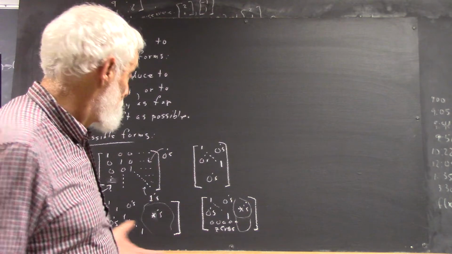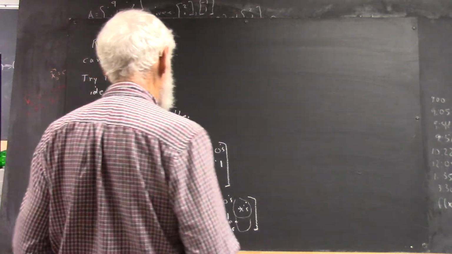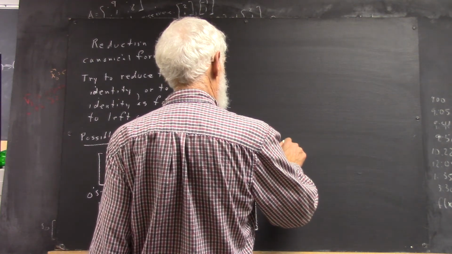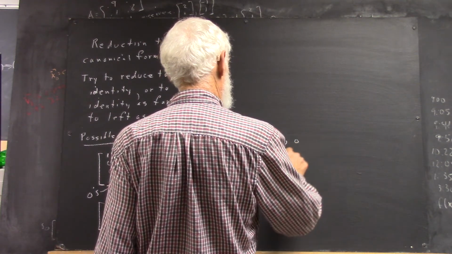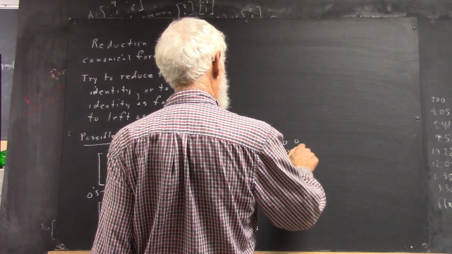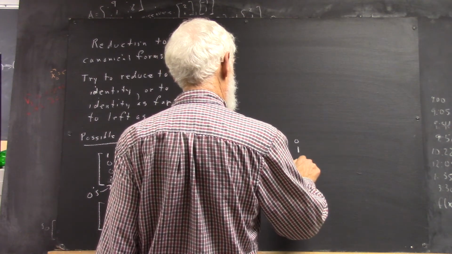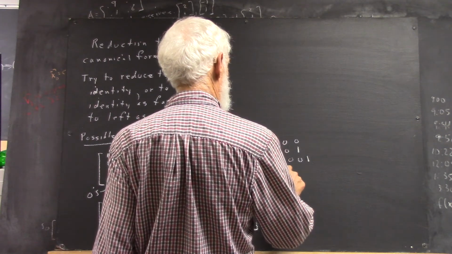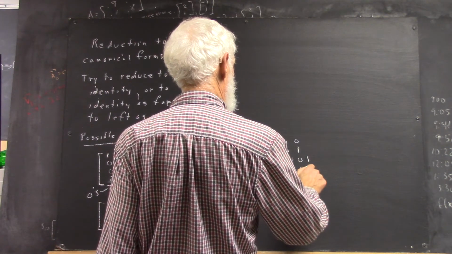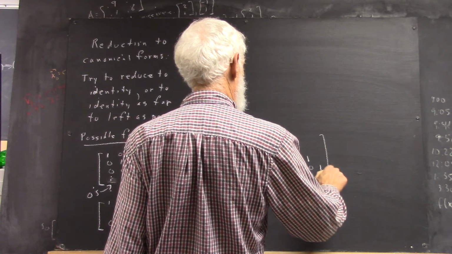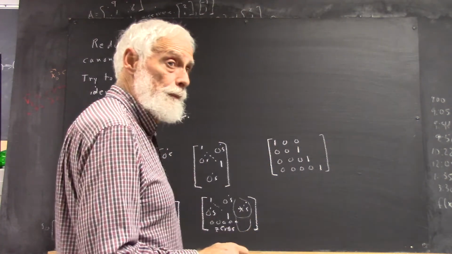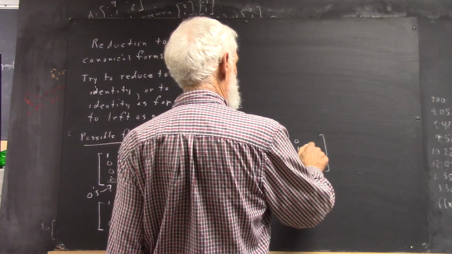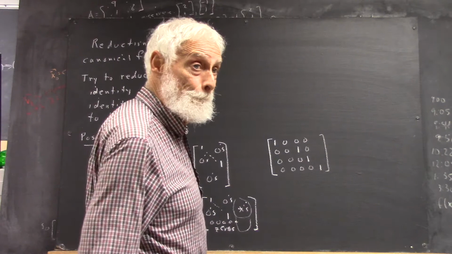Or we could have, and I'll write out a couple of explicit matrices. Now if you have this, then this one is going to allow you to get zeros above it, right?